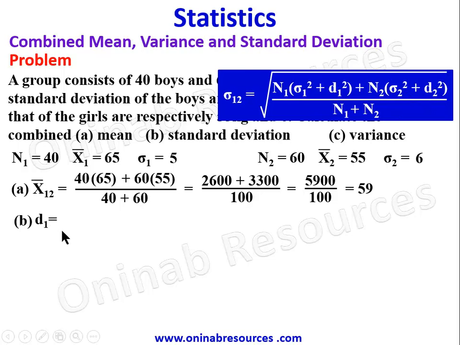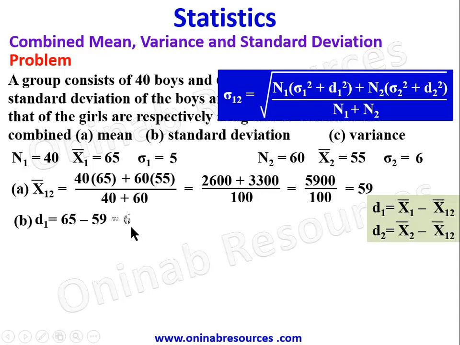For D1, we have it as X1 bar minus X12 bar. X1 bar is 65 and X12 bar is 59, so we have it as 6. Then for D2, we have X2 bar, which is 55, minus 59, which gives negative 4.